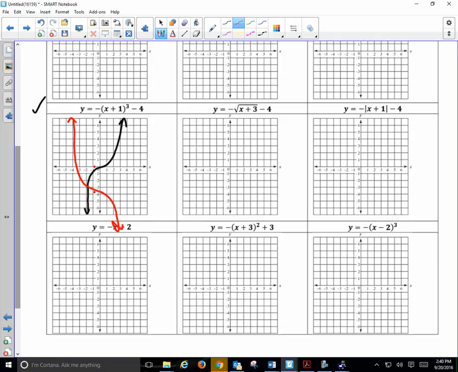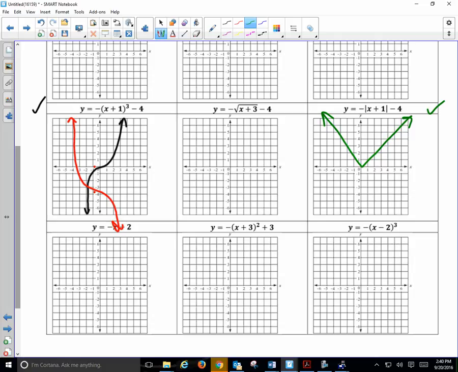And let's do one more together. Let's do this one right over here. How many different transformations do I have here? 3. Okay. Absolute value function looks like a V. This is very similar to the last one, isn't it?